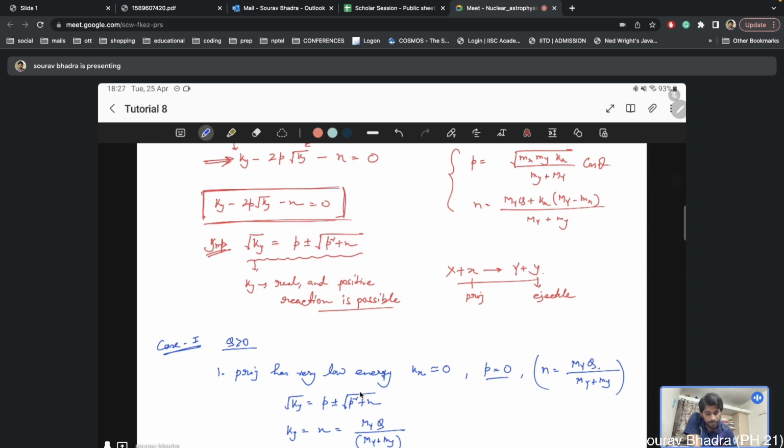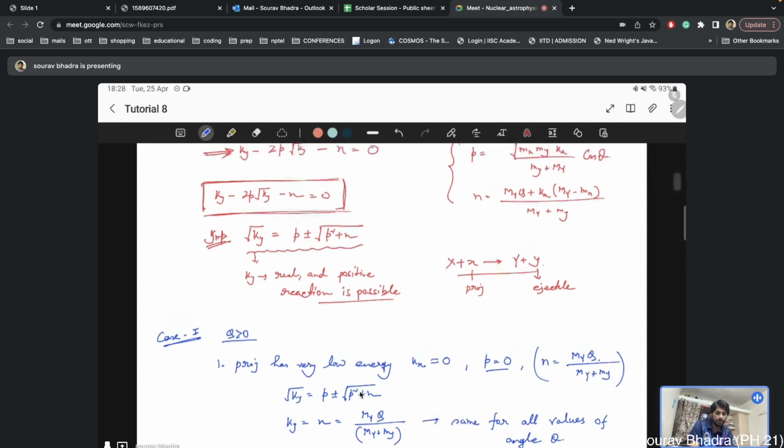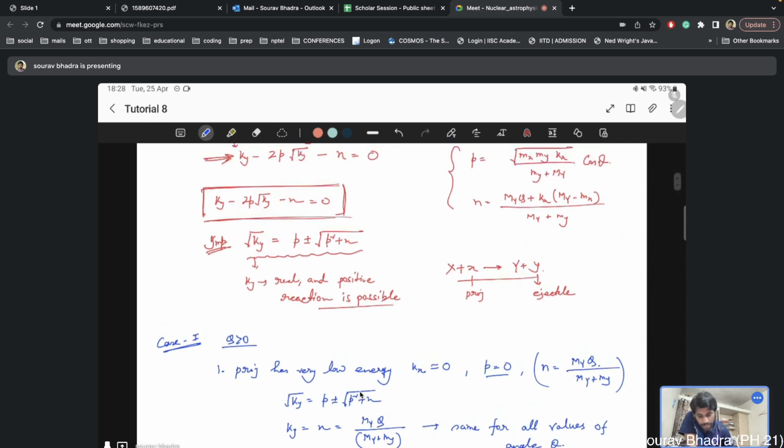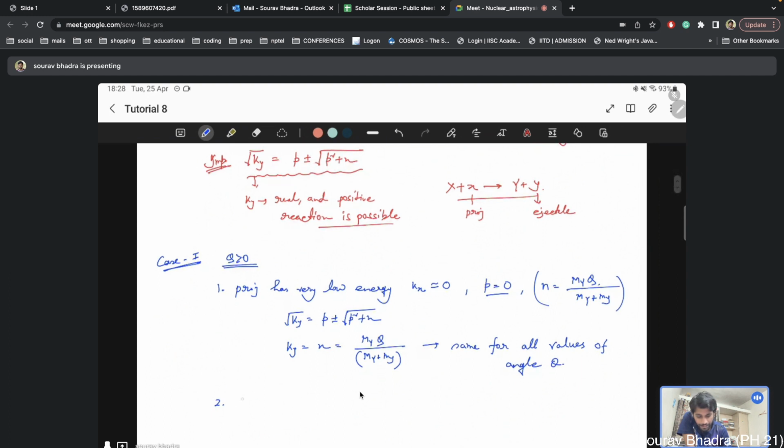So we can say that it is the same for all values of angle theta, because there is no theta dependency here due to the p being 0. So this was the first consideration under case 1.